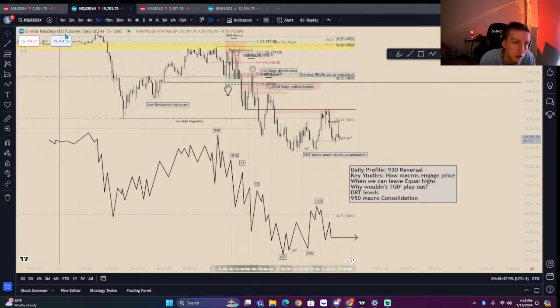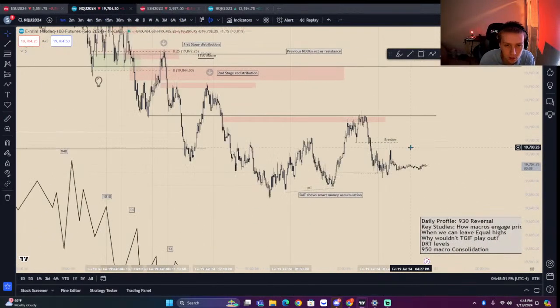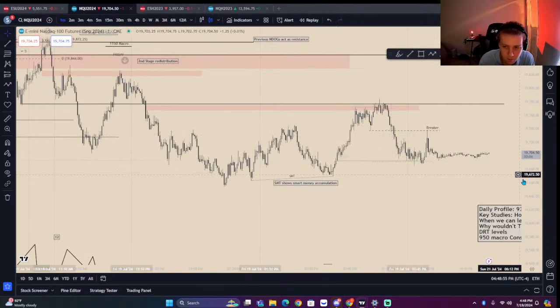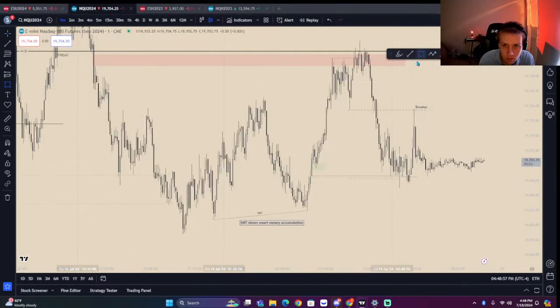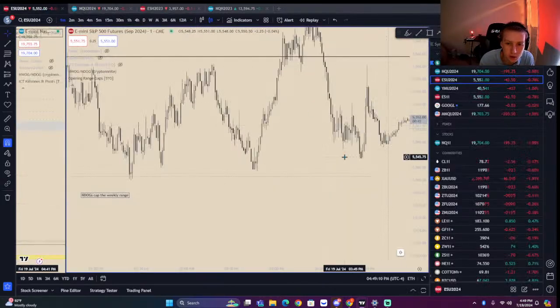Okay. Anything else to dive into? I feel like that's a pretty solid. Come back up. We have a mitigation here with that break, or right here that forms that breaker. Then we break down. Volume imbalance. Volume imbalance.